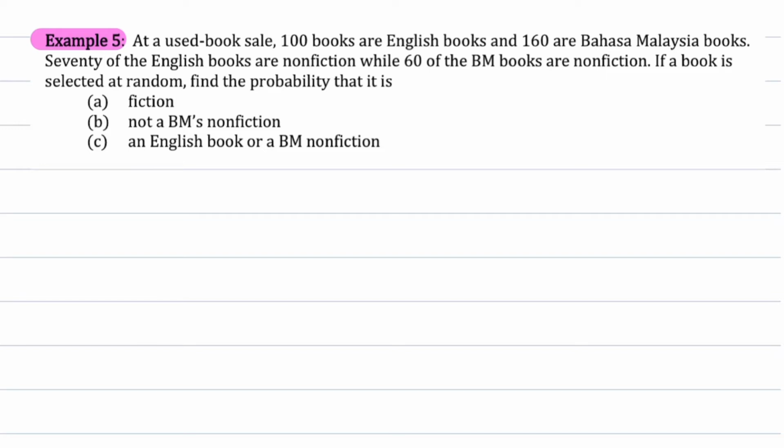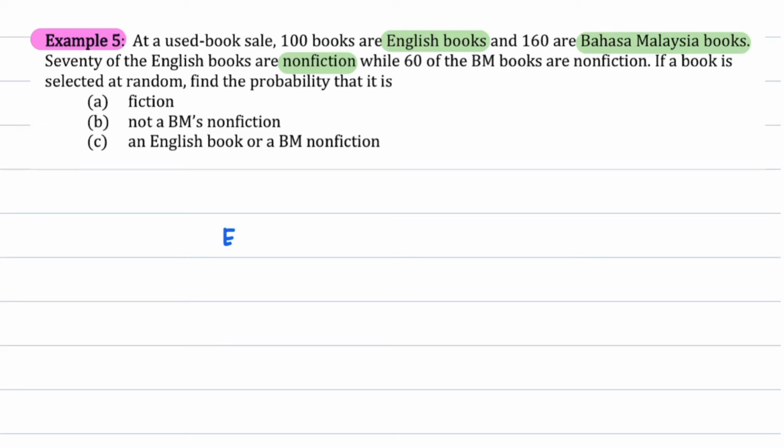Okay, how many variables do you have in this question? English books, Bahasa Malaysia books, and also non-fiction. If you have non-fiction, the complement event will be fiction books. So you have 4 total variables. Just make the table first.